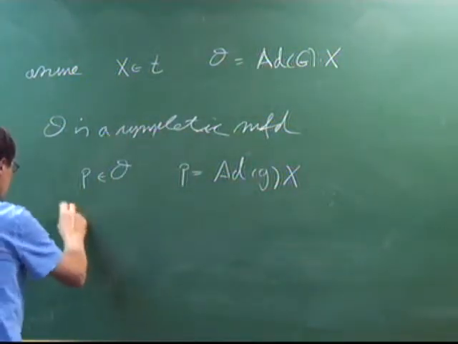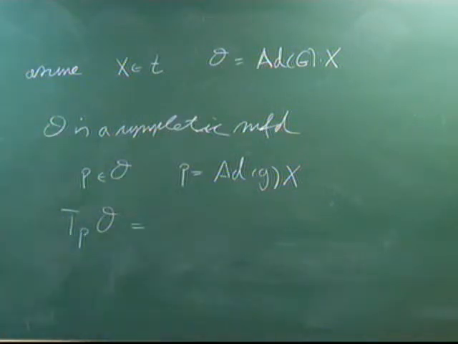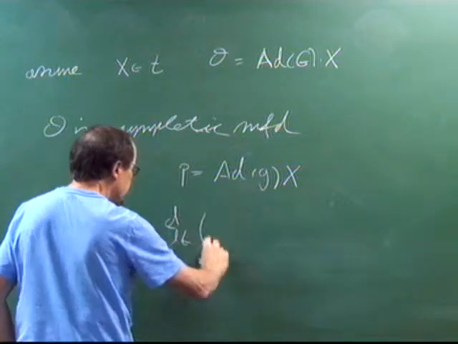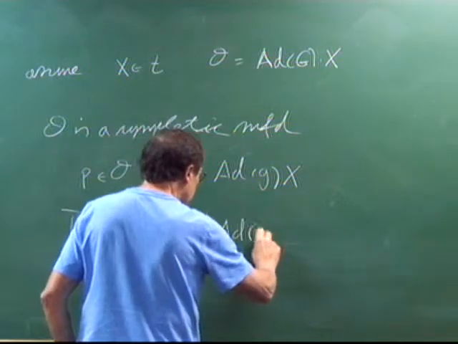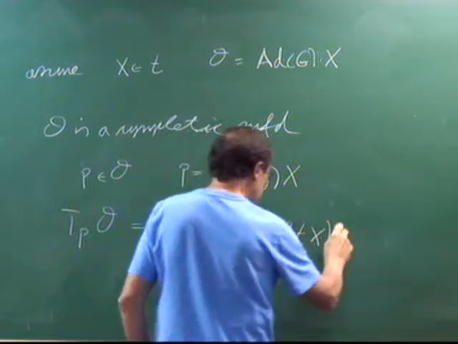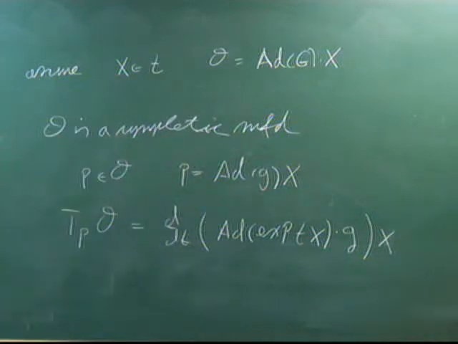And then what's the tangent space of the orbit at P? Well, I take a curve in O starting at the point P. Right? So I can do it as follows: Ad of exp(tZ) times g applied to X. Right?